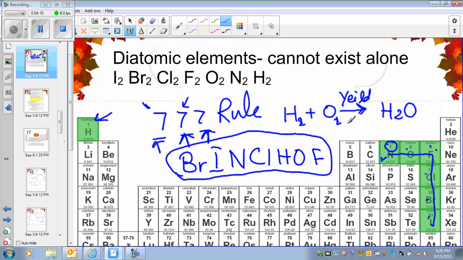Of course you can say, well, then how come it's two and two and then two and one here? Yes, of course I agree with you. That is a whole different discussion, that we need to balance this equation. But the point here is that they always exist in the form of two if you write them alone.